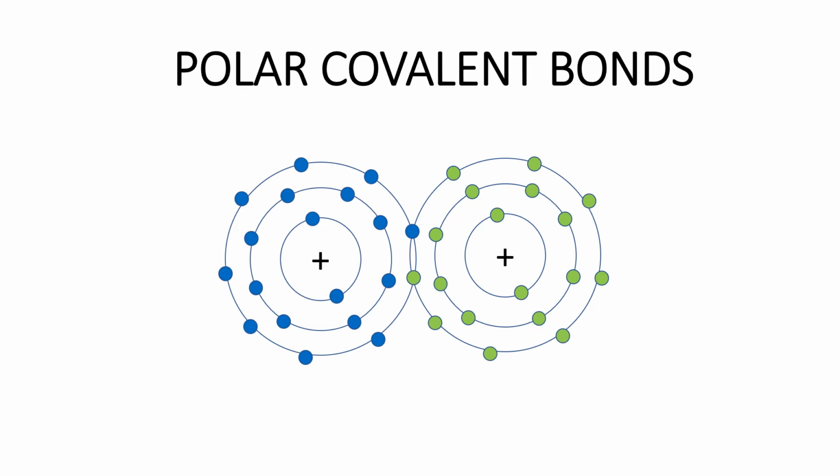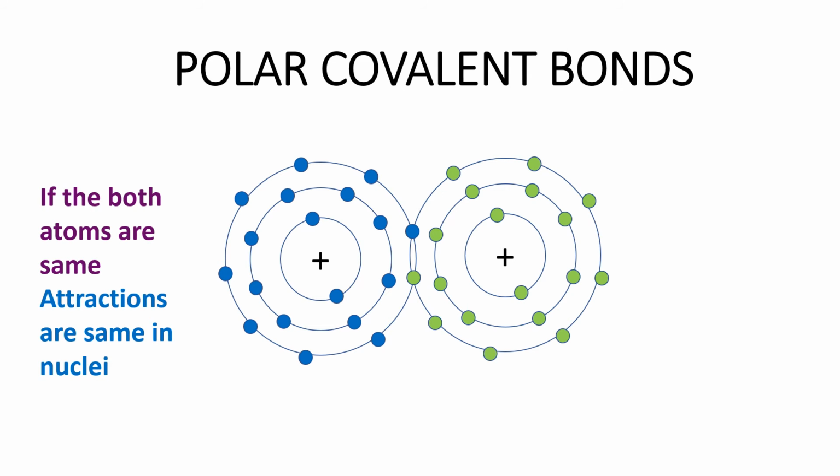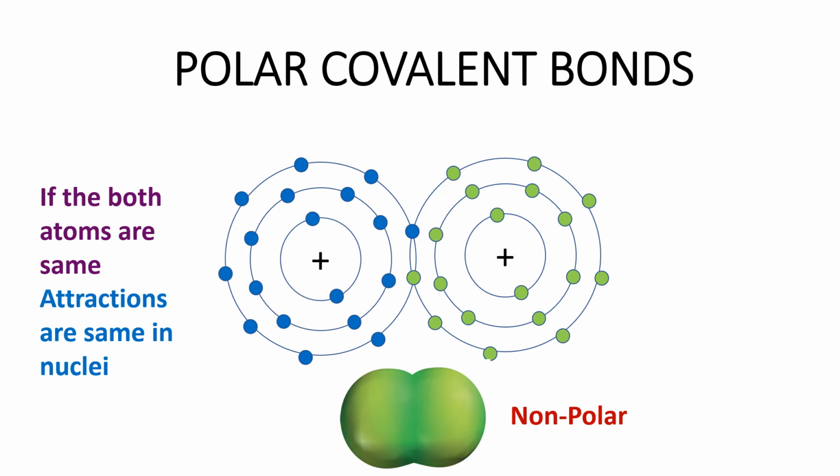Now let's study polar covalent bonds. What is a polar covalent bond? Think about it: if both atoms are the same, then the attractions of the nuclei in both atoms are the same. Therefore, it may have a symmetric distribution of electrons around these two atoms, as shown in our previous example. Therefore, we call that a non-polar compound.